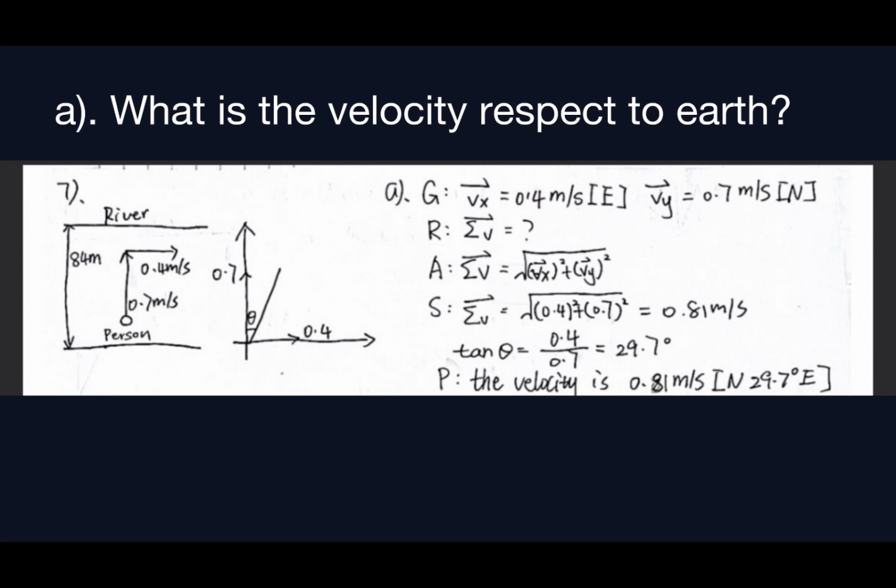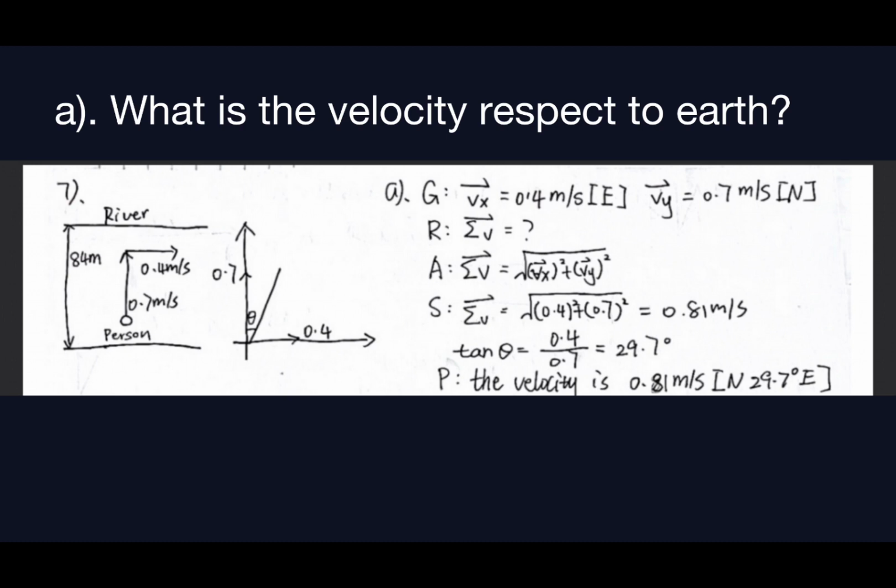This is actually asking for its velocity, not speed, sorry, its velocity. You don't have to pay that much attention to "with respect to Earth" because you can understand it as relative to the water.